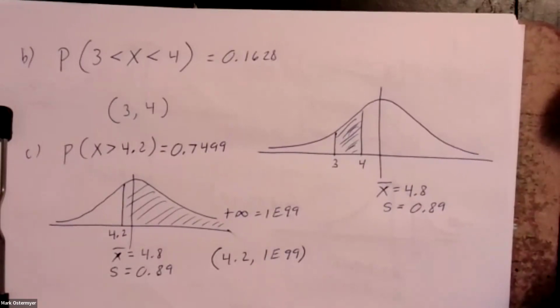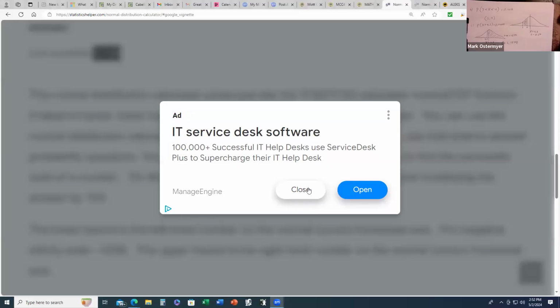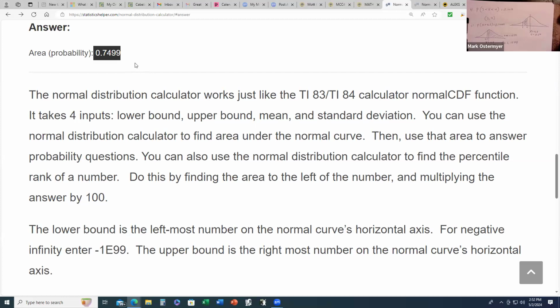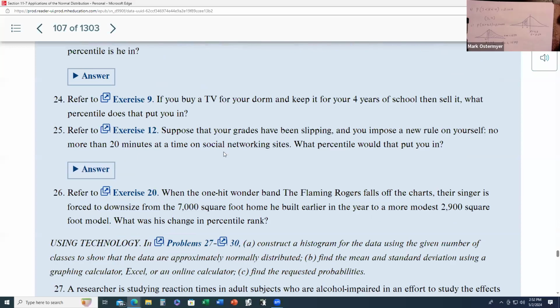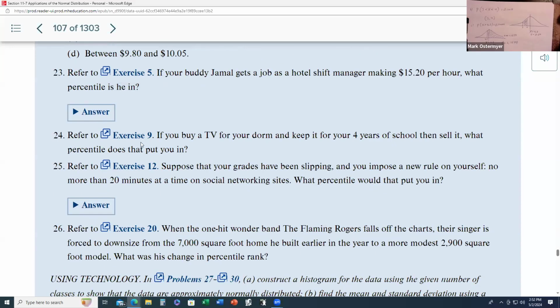All right, now I'm going to go to problem 24, and number 24 is going to ask us to find a percentile value. Up to this point, we've just been finding probabilities or areas. But what if we're given the area and we want to find a percentile value? Well, that's represented in problem 24. It says refer to exercise 9.